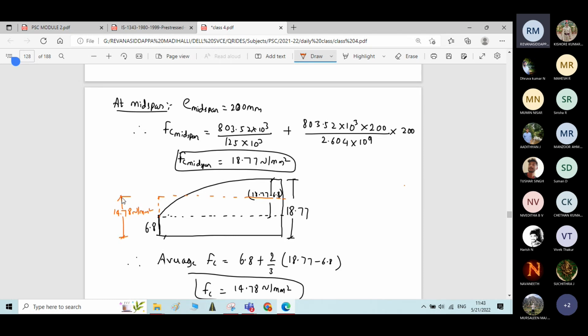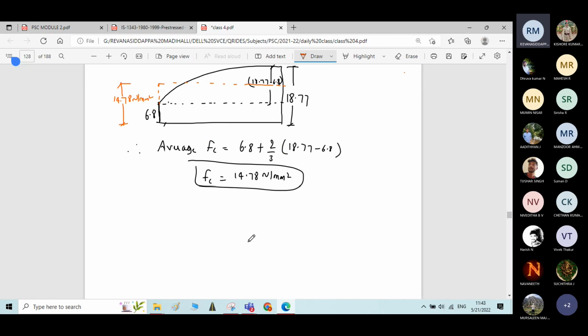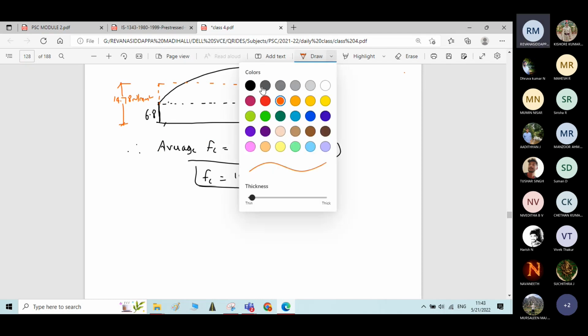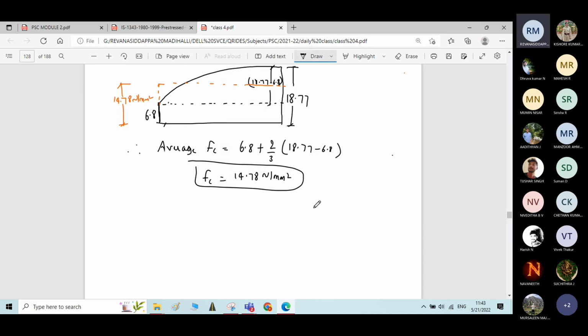Okay, so this is how we calculate average FC. Now you got average FC.